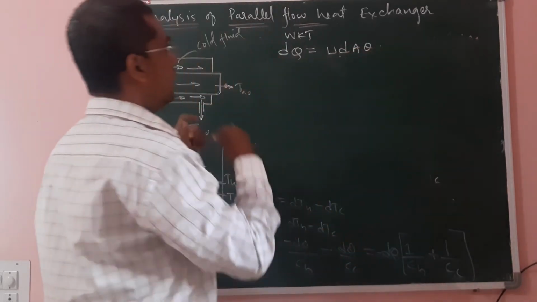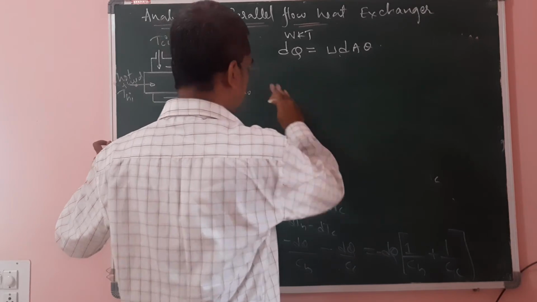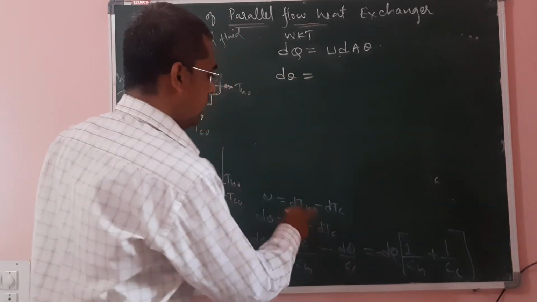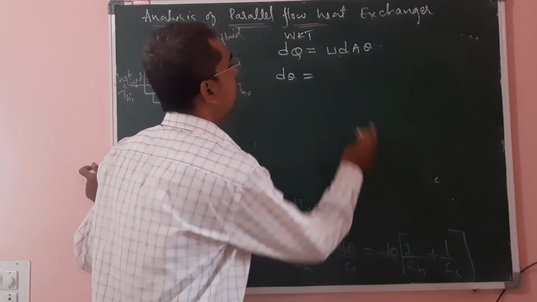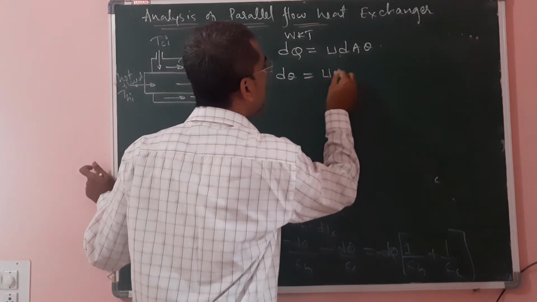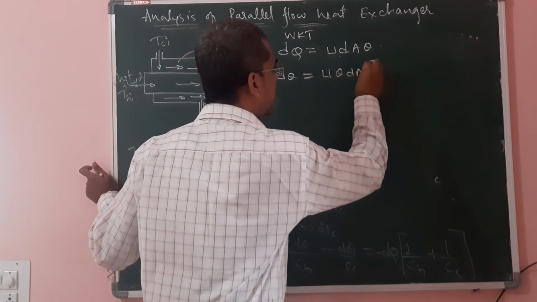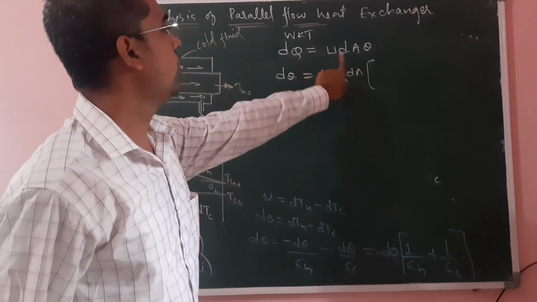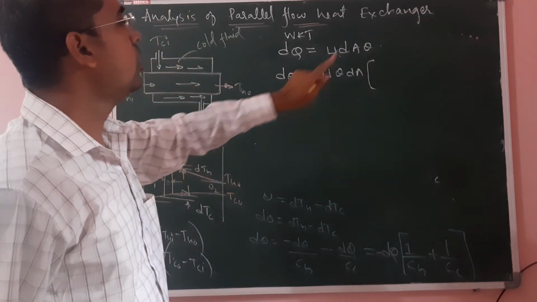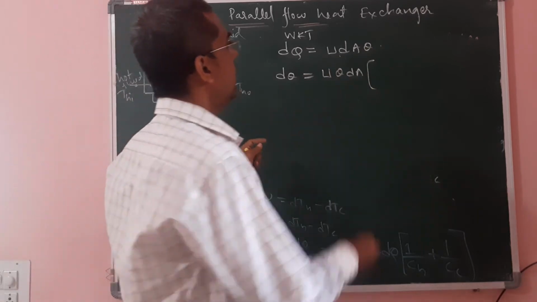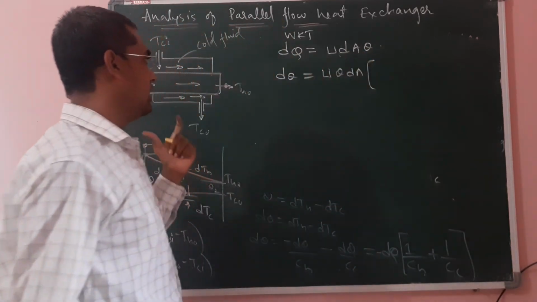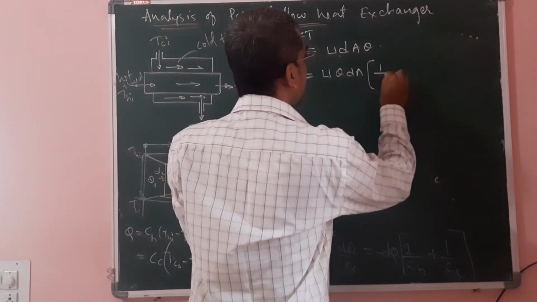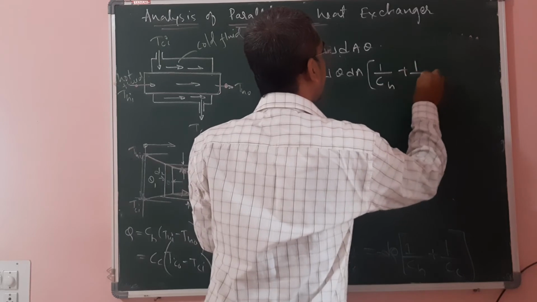Instead of writing dq, I will write d theta is equal to U into theta into dA. That theta is a small temperature difference, therefore I will take it outside, and it will be 1 divided by ch plus 1 divided by cc.